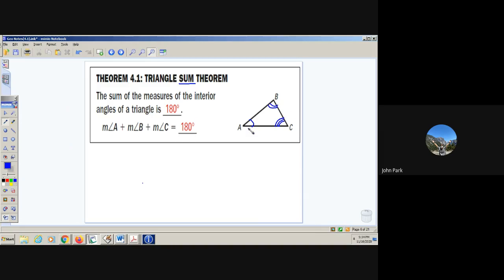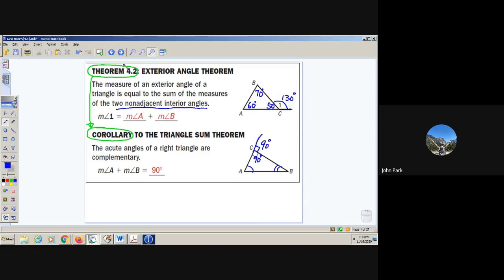So any triangle, doesn't matter what size or what shape, if you add all three interior angles, it's always going to add up to 180 degrees. That's a very important fact that you should already know and remember going forwards. That's the triangle sum theorem. Adding all three angles is always going to be 180 degrees, right?